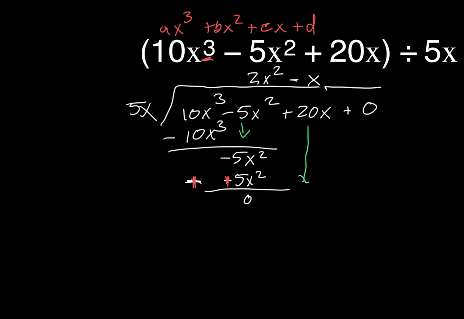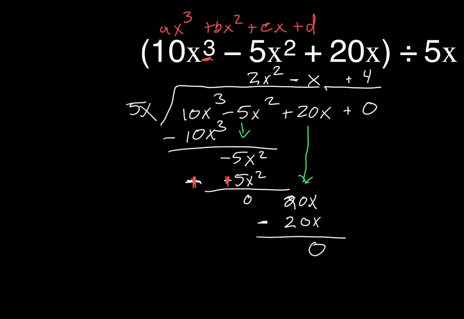Bring down my next term, 20x, and it's a positive 20x. 5 times what gives me 20? That would be a positive 4. 4 times 5x is 20x. And as we do in division, we subtract and we get 0.